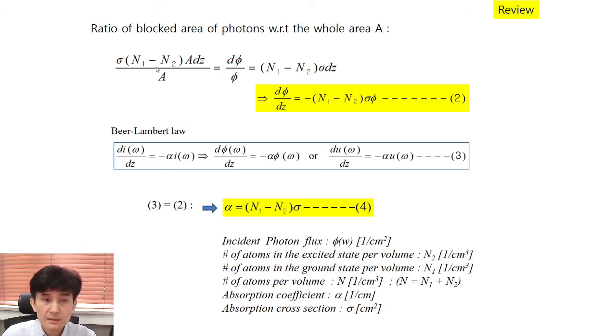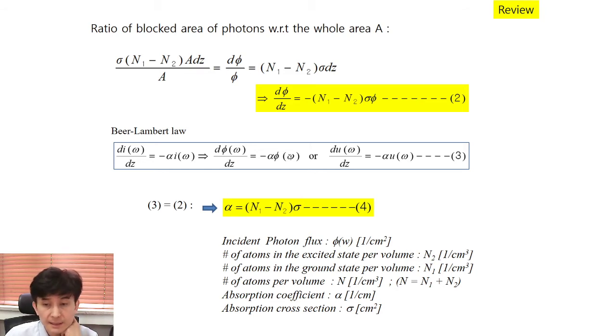So from this equation, if we take dz to the left side and phi to the right side, we obtain d phi over dz is equal to minus n, this is delta n times sigma times phi. So from Beer's law, we also obtained that alpha should be equal to delta n times sigma.